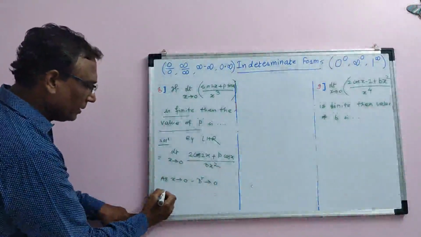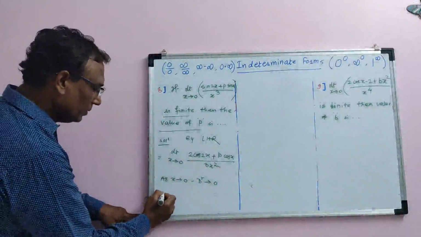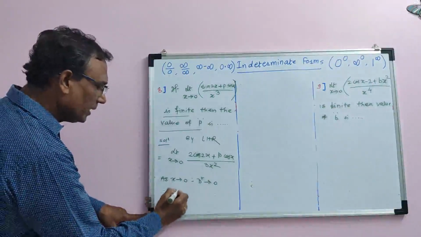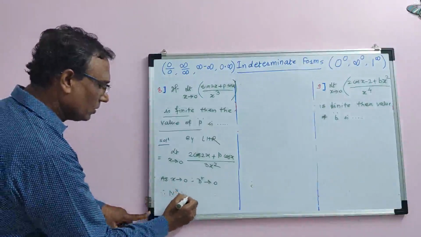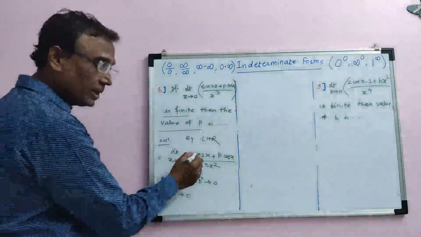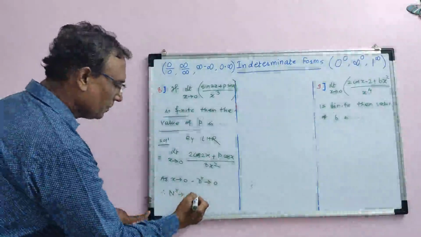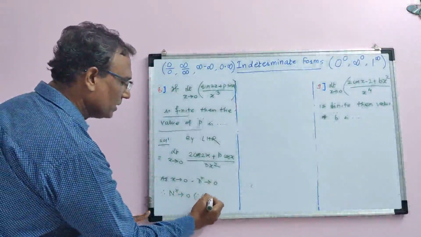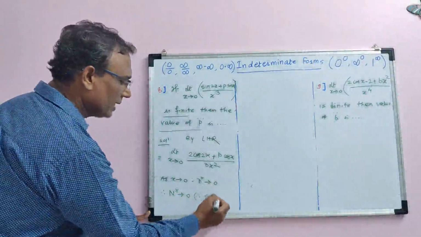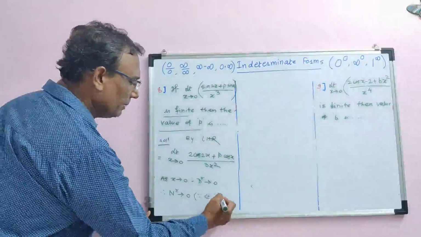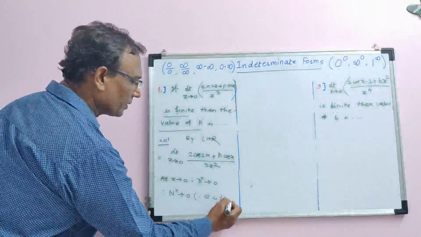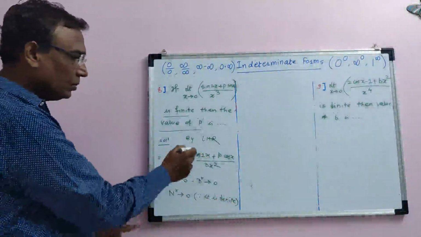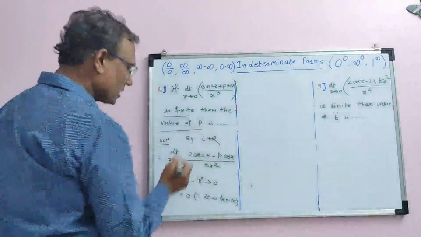And therefore the numerator tends to 0 for x equal to 0 because the limit is finite. LT I am using for limit is finite. Since the limit of this function is finite, the numerator tends to 0 for x equal to 0.